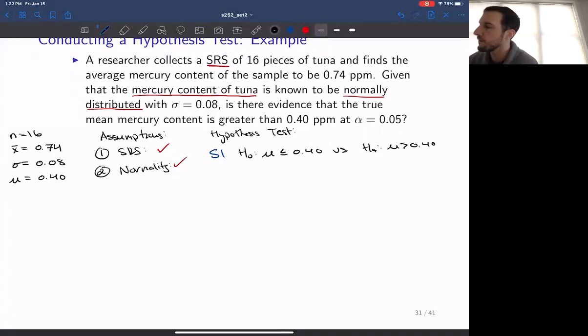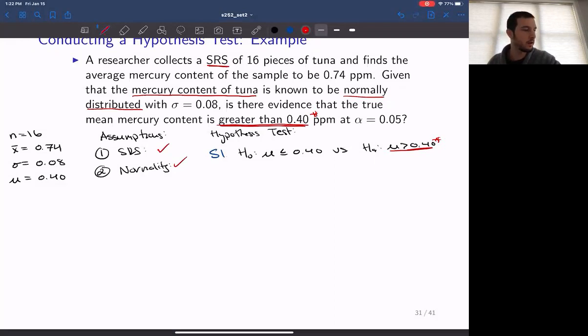So my alternative hypothesis is reflecting the question of interest. So the question that I am asking about the mean content of the tuna is being reflected through the alternative hypothesis.